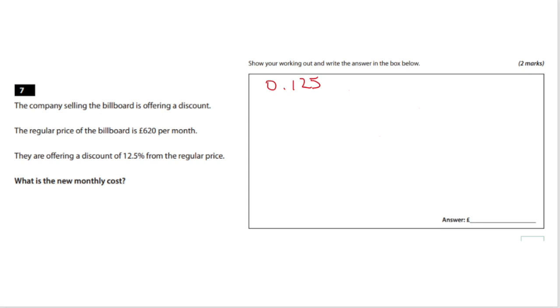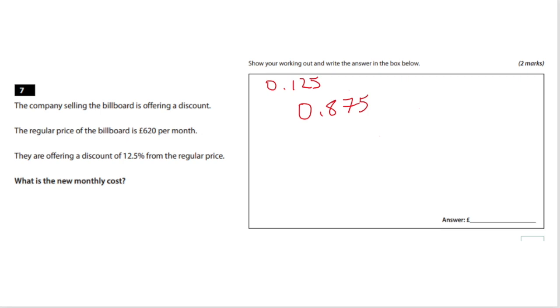Now to calculate a reduction, what we'd have to do is take 0.125 off of 1, and then you will be left with 0.875. Now all we have to do to get our answer is multiply the 620 by the 0.875.